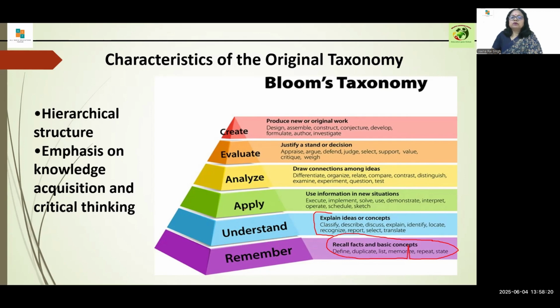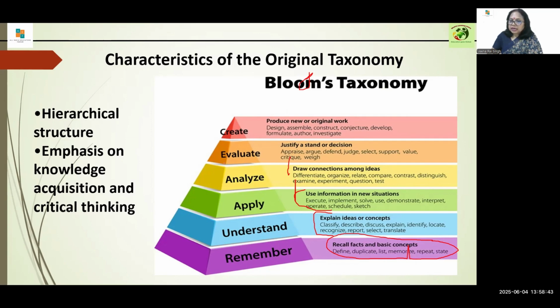Third is apply. That is, we are now trying to use the information in a new situation.